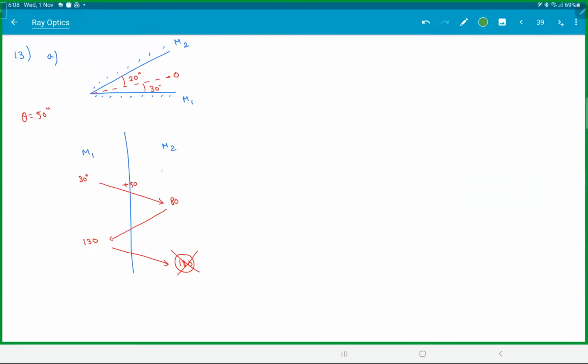For M2, the first image will form at 20. Again, you add 50 for 70, then 120, then 170. This is fine. And that's it. So 1, 2, 3, 4, 5, 6, 7 images. And you know the locations also.